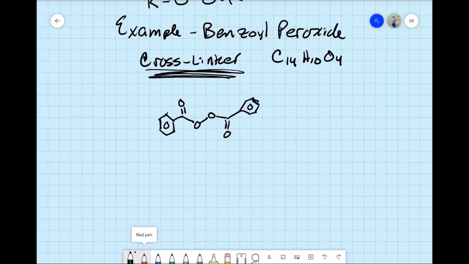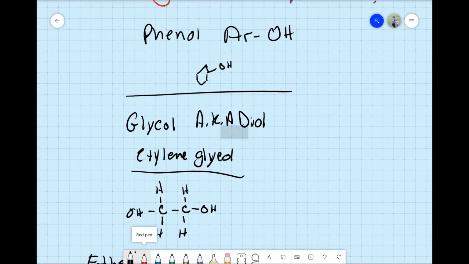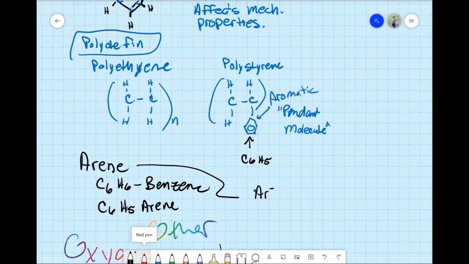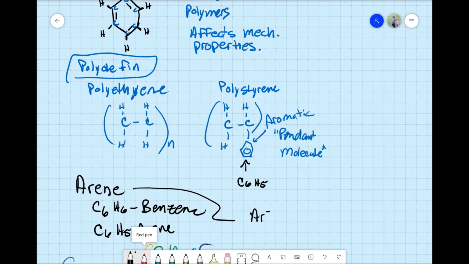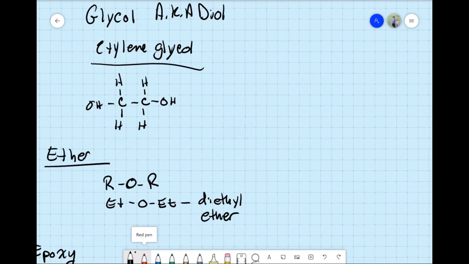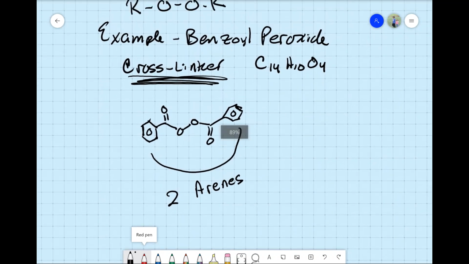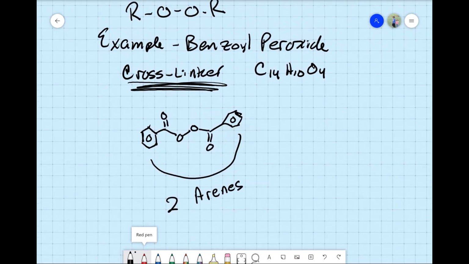All right, so this is benzoyl peroxide. We have two arenes, basically. And so if we look up here, and I'll go into this in more detail when we talk about polymerization and stuff like that. But if we look at the example of polystyrene where we had this arene ring, you can basically use the arene on either side of the benzoyl peroxide molecule to link two polymer chains of polystyrene. So that's how that functions as a crosslinker.